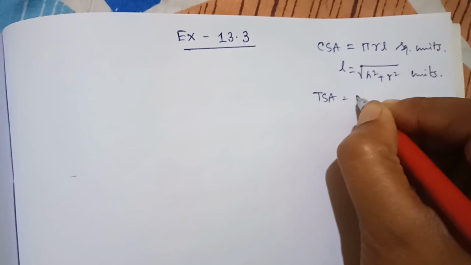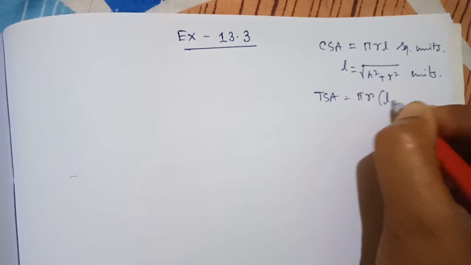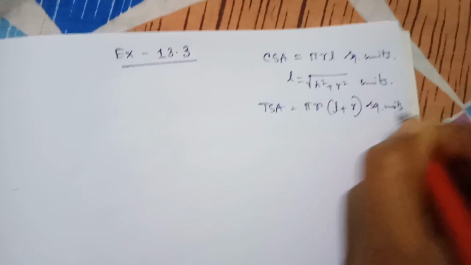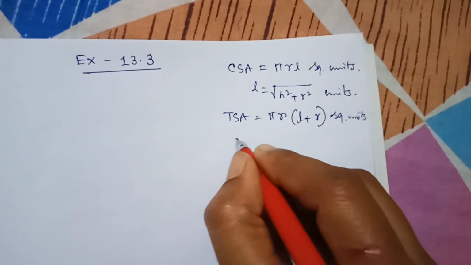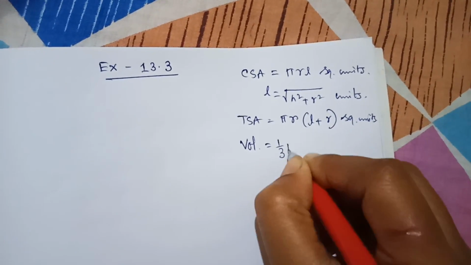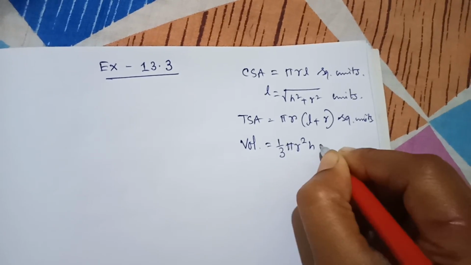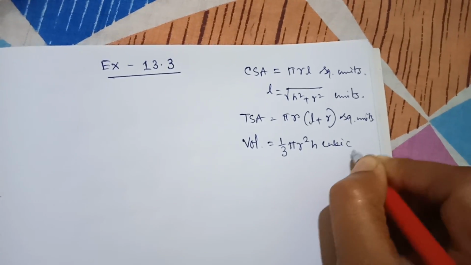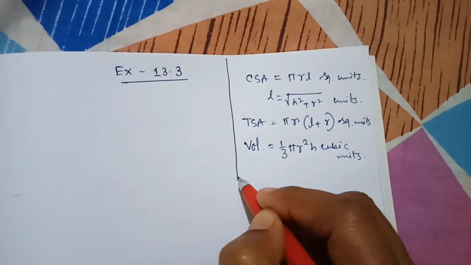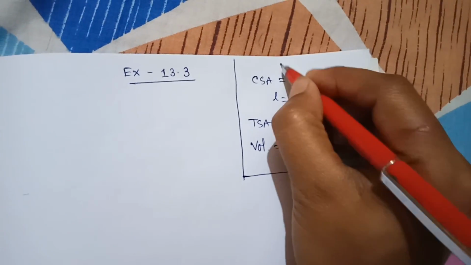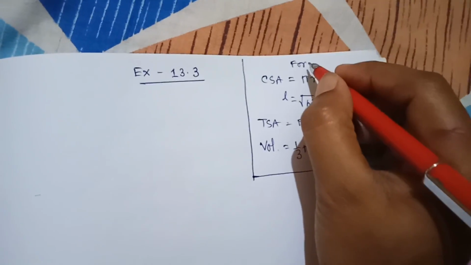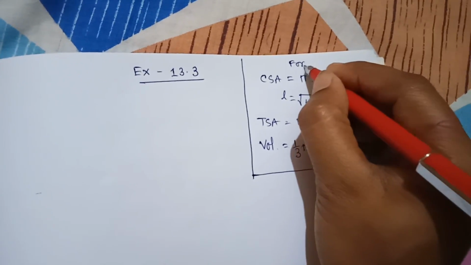TSA equals pi r into L plus r square units. And volume equals 1/3 pi r square h cubic units. So these are the formulas which will be used for doing 13.3 and 13.7.